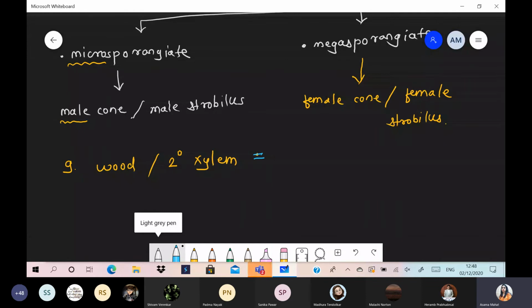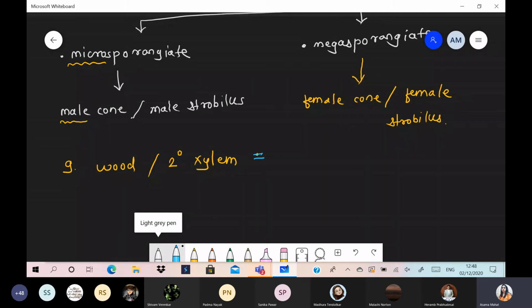Xylem undergoes further division into primary xylem and secondary xylem. In any plant body, if there is formation of secondary xylem, meaning well developed xylem, it means that plant has become mature and is capable of wood formation. So here we are talking about wood, also called the secondary xylem, right?